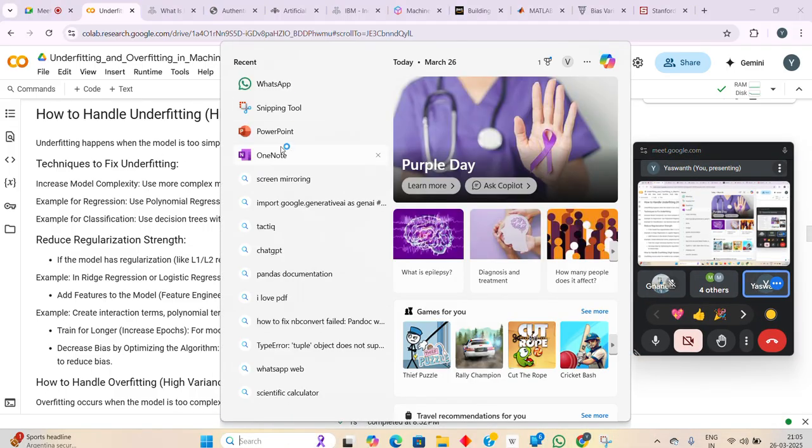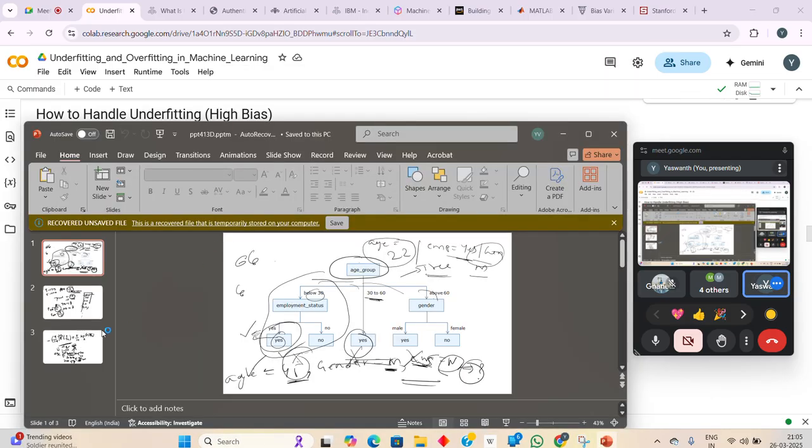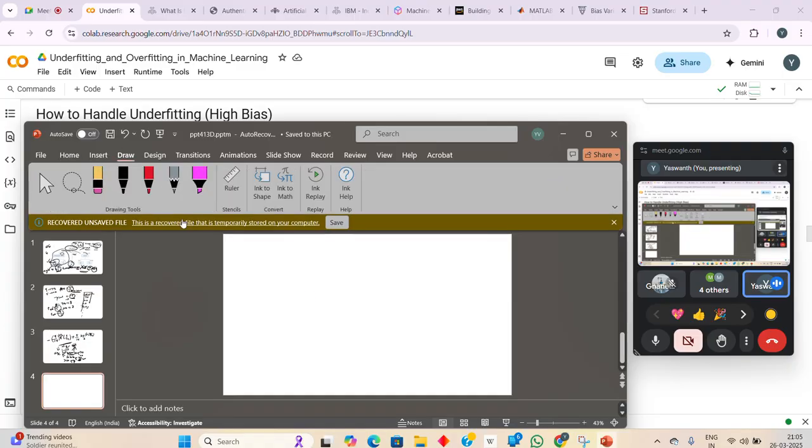Let me take a paint. Let us say your data points are like this. Okay, so you used a straight fit line.